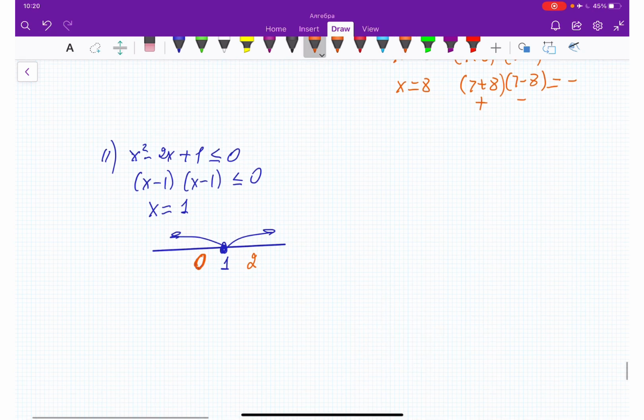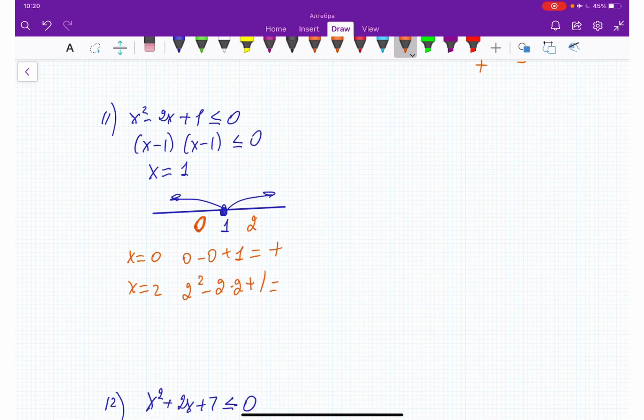All right, so if x is equal to 0, I get +1, right? 0 minus 0 plus 1, I get positive. When x is equal to 2, I get 2 squared minus 2 times 2 plus 1. It's going to be 4 minus 4, it's still positive. 2 times 2 is 4, minus 4, 0, plus 1, positive.